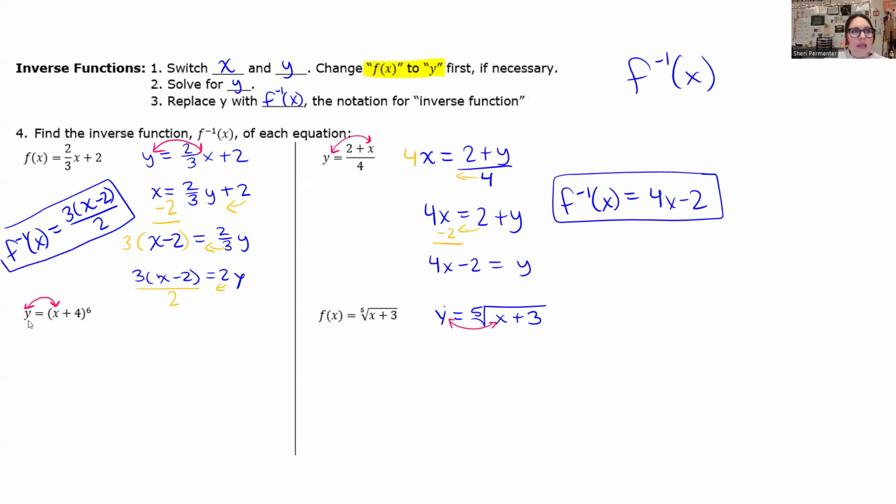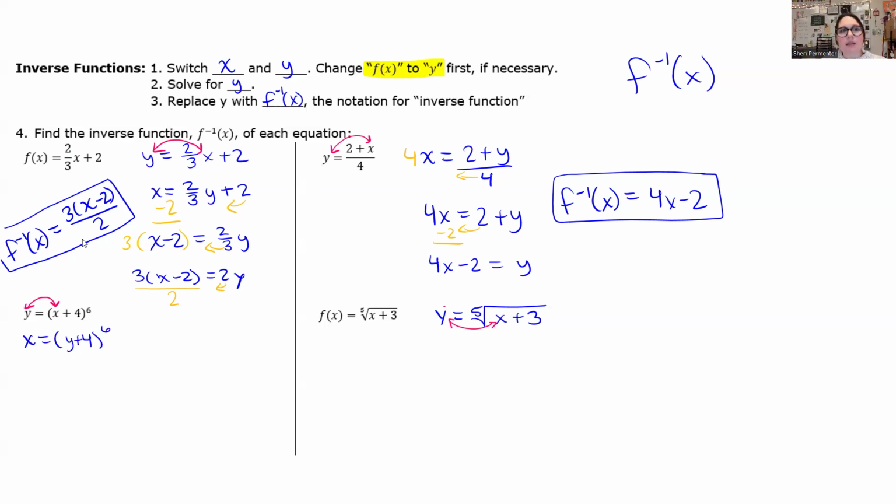The next one. First, I have to switch x and y and then solve for y. So I'm going to have x equals (y plus 4) to the 6th power. Okay, so to undo something to the power of 6, I have to take the 6th root.